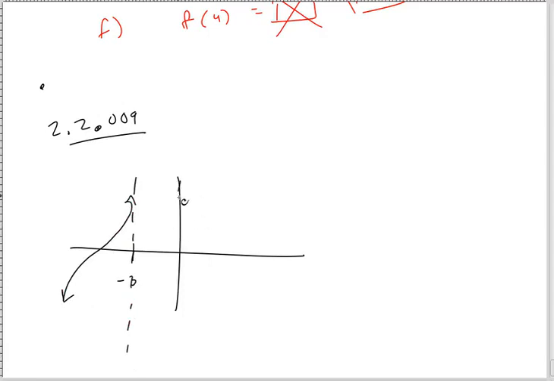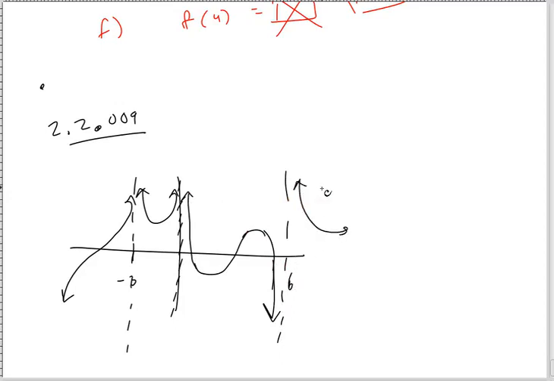And then at 0, I have another vertical asymptote, and it's doing something kind of like this. Oh, hold on. It's something kind of like this. And then I got this cubic-looking thingy that does all this business here. And that's over here at 6. And then finally, I got this going on over here.